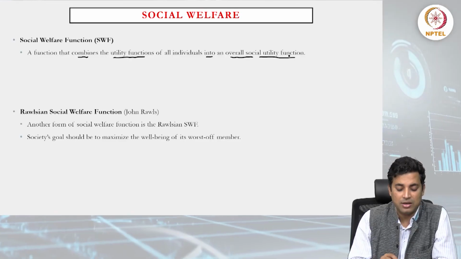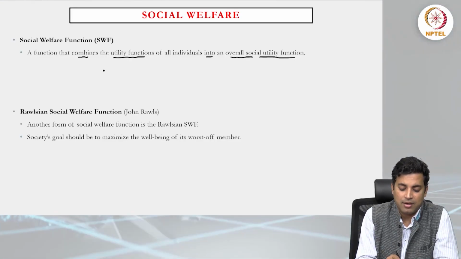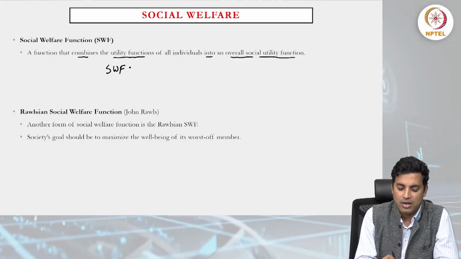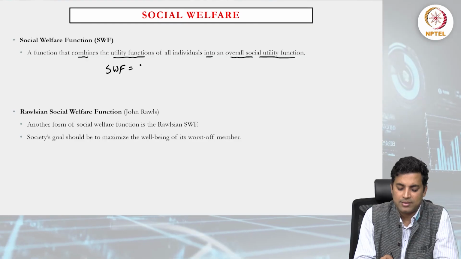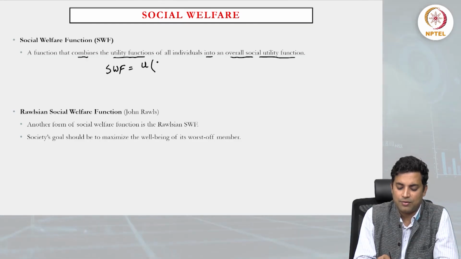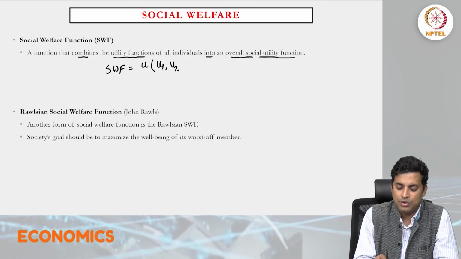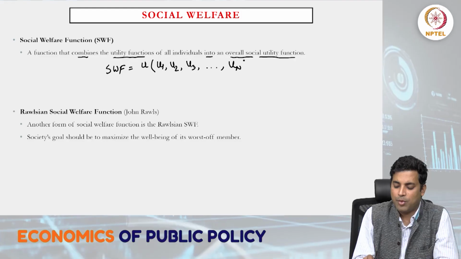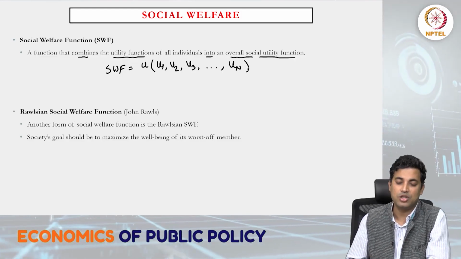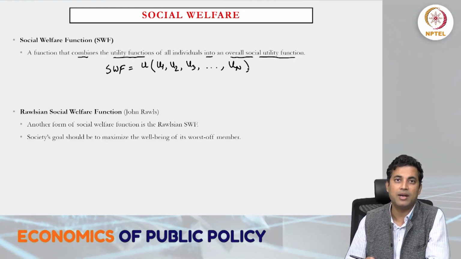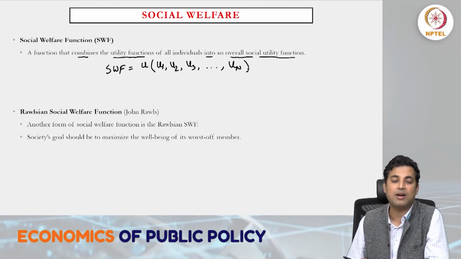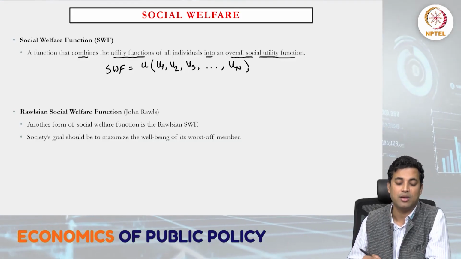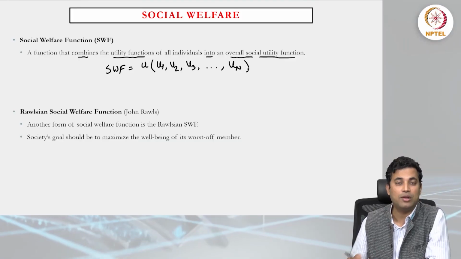So how should the social utility function look? If I put it like this, the social welfare function we can write as a function of the utilities U1, U2, U3, up to n, the number of people in the nation or in the society. Combining all of their utility functions, the social welfare function should be a function of all the utilities.